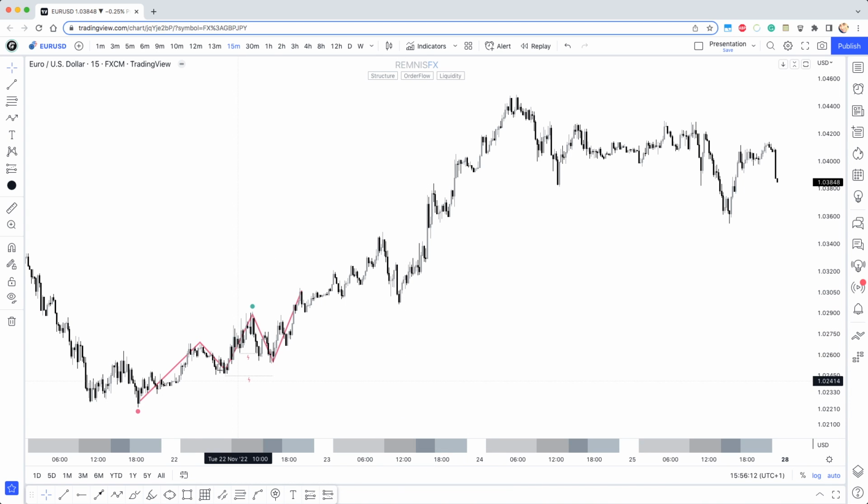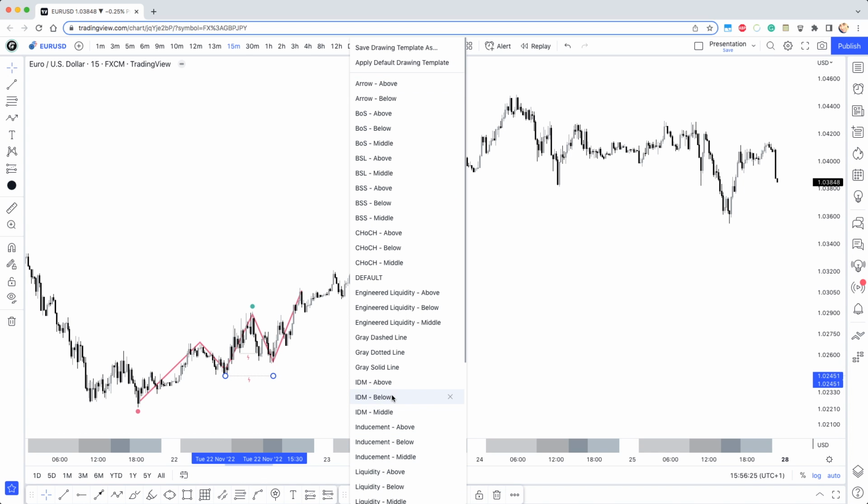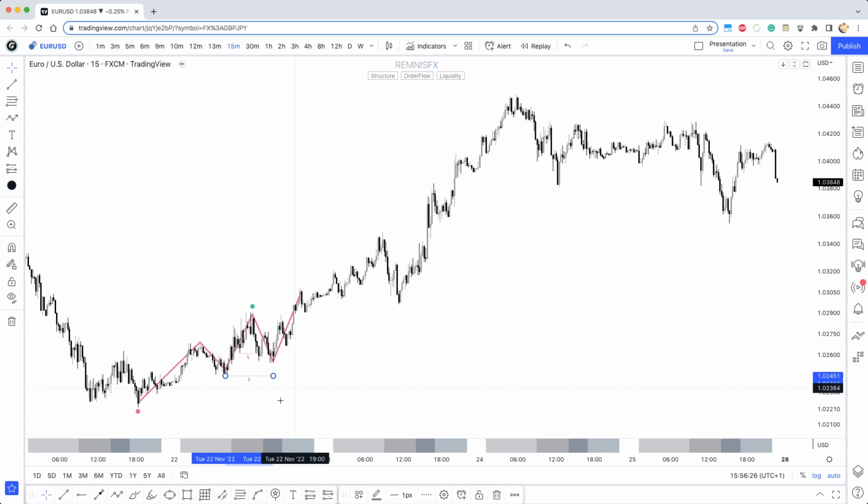So this would be your internal structure, and within the internal structure this could be your inducement, and this could be your engineered liquidity. So let's change that into another icon like that. I use this icon as my engineered liquidity, but it doesn't matter, everyone uses their own thing. So let me remove this one quickly.